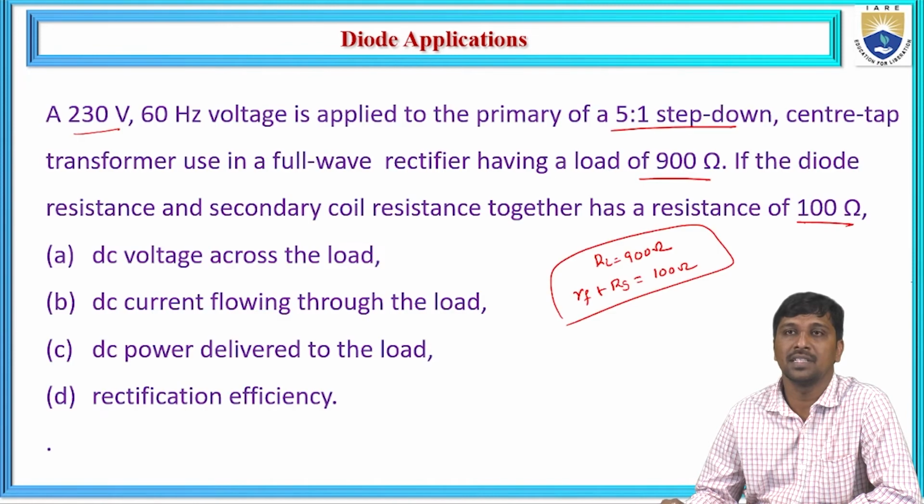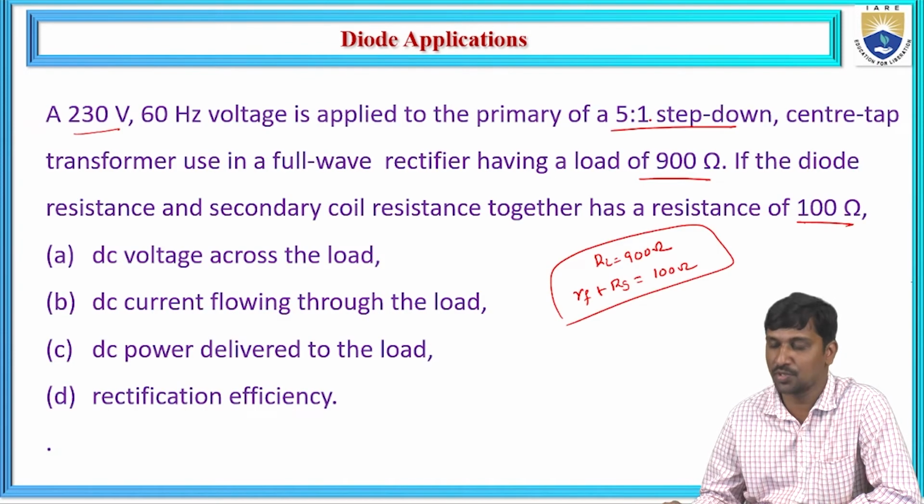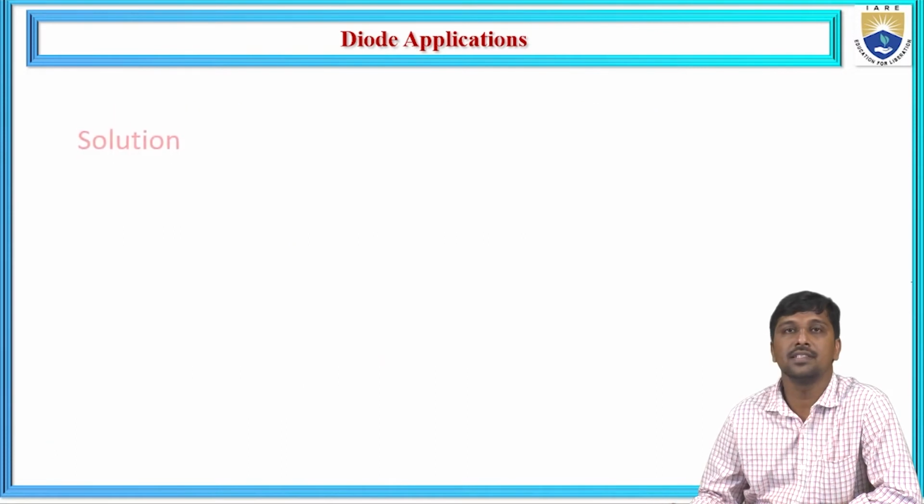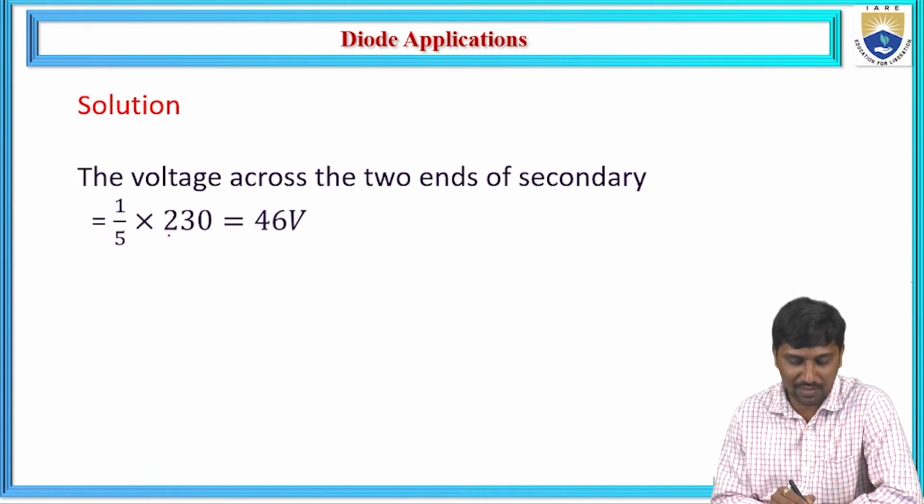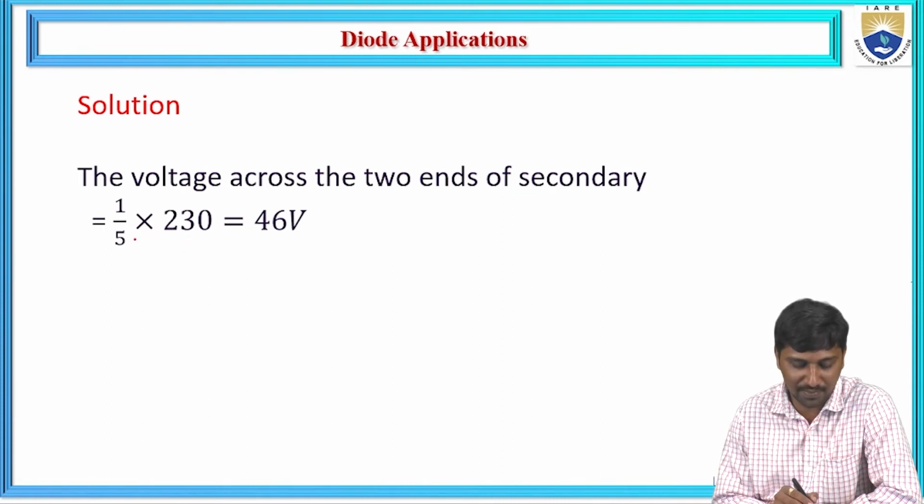In the problem, they mentioned that the step down transformer is 5:1, meaning N2 is 1 and N1 is 5. So it is defined as N2 by N1 times the given input voltage. Then it gives 46 volts.